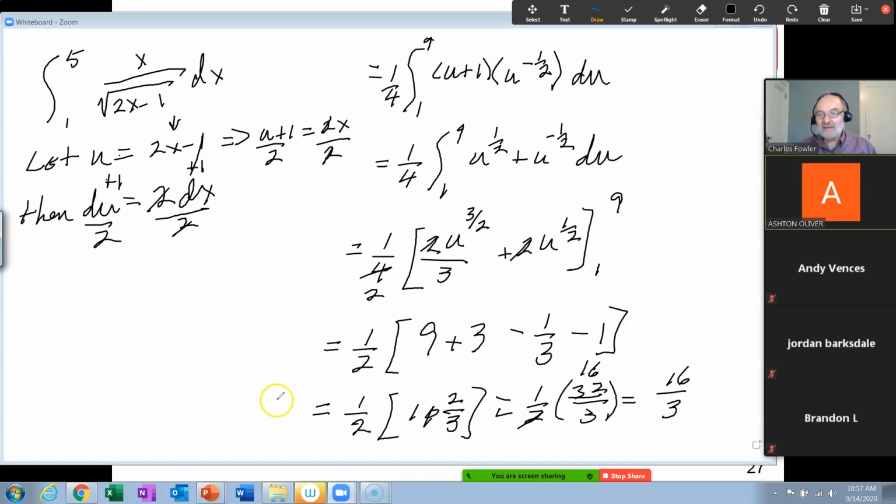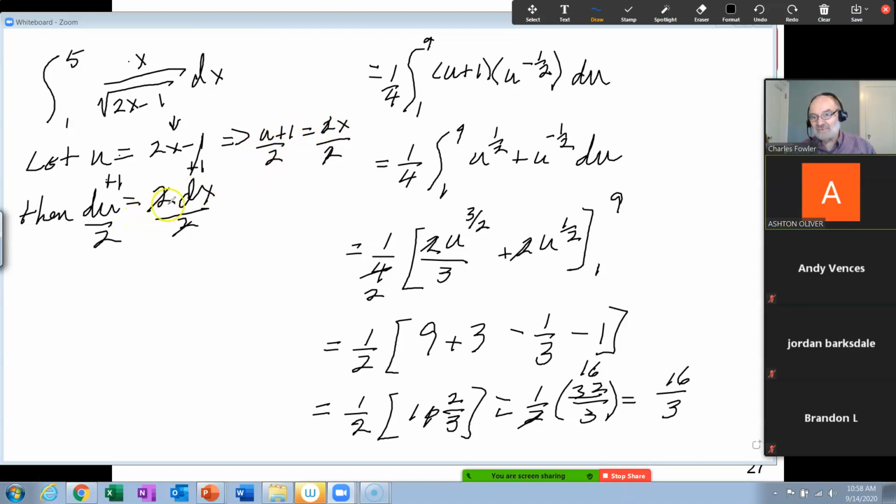Number one, your u substitution here is a correct u substitution, exactly right, but you don't get your du to be anything like this. So to get this x out of here, you have to take your u substitution, rearrange it to find out what x is, and x is u plus 1 over 2.